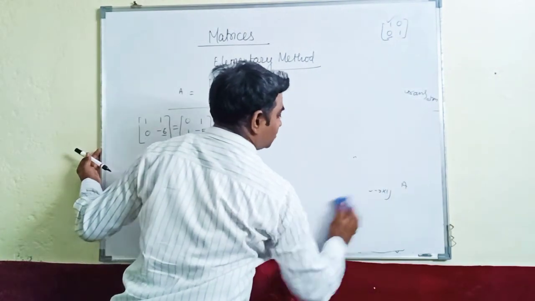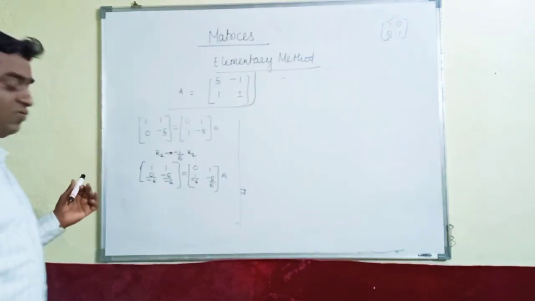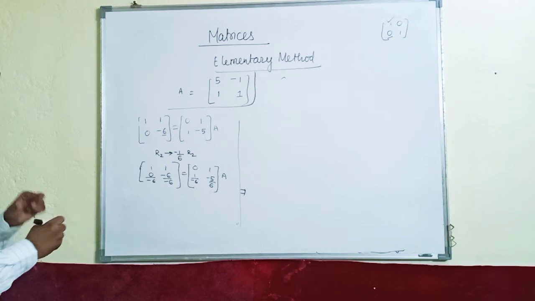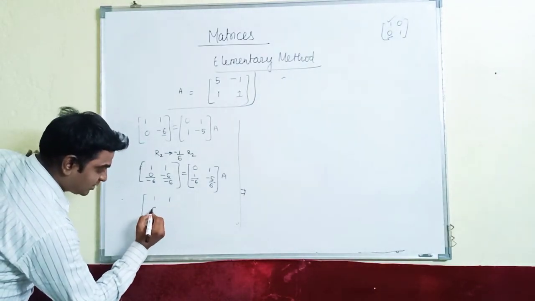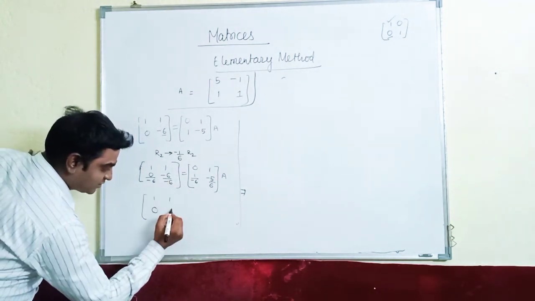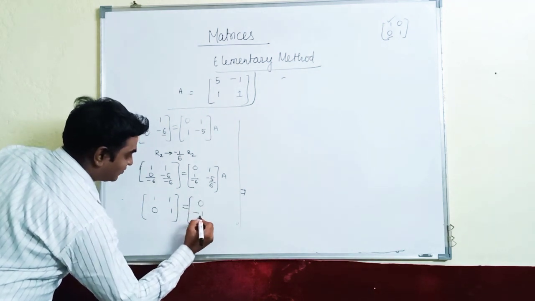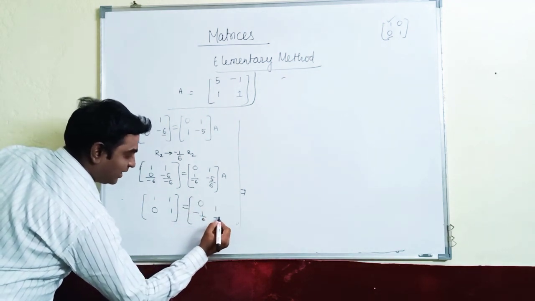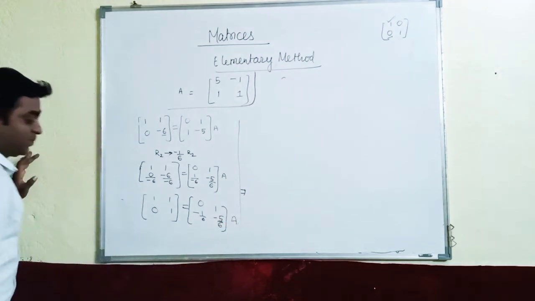Otherwise, you must pause video and just go for the content. Here this value becomes 1, 1, this becomes 0, 0 divided by anything becomes 0 only, and this will be 1, and here 0 minus 1 by 6, 1 minus 5 by 6, and this is multiplied by A.